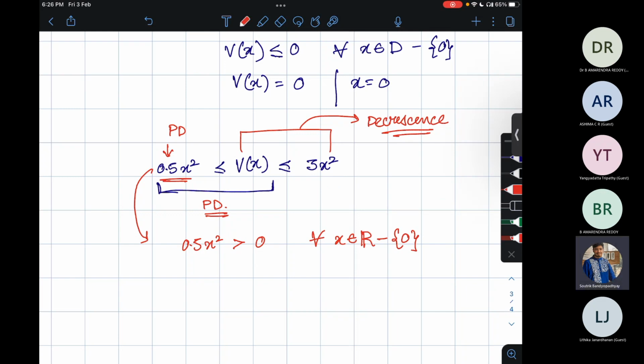So have you understood this positive definiteness, the left hand side of this equation?